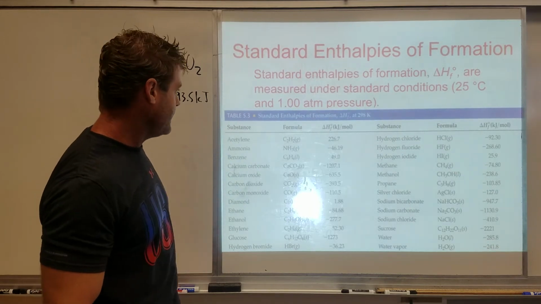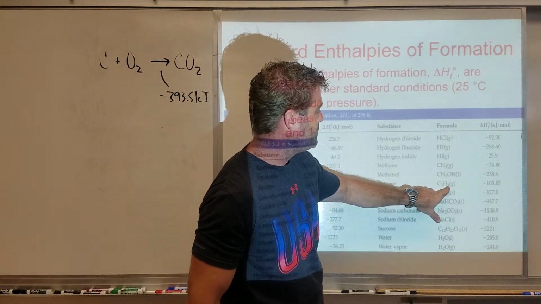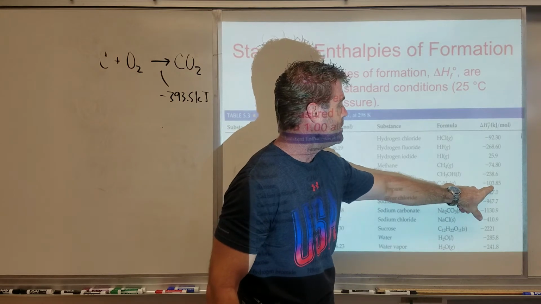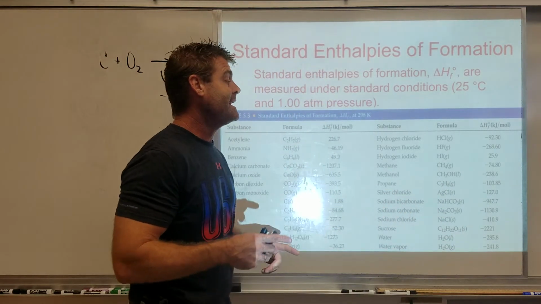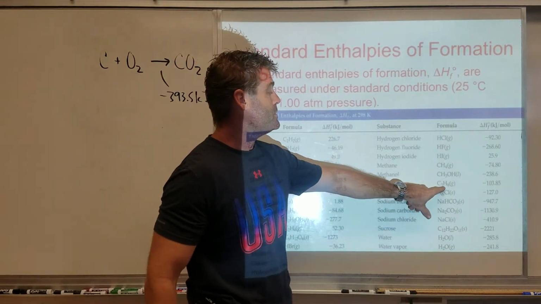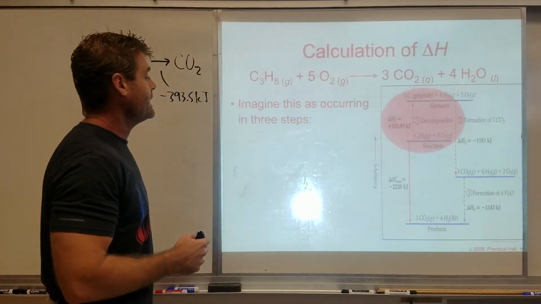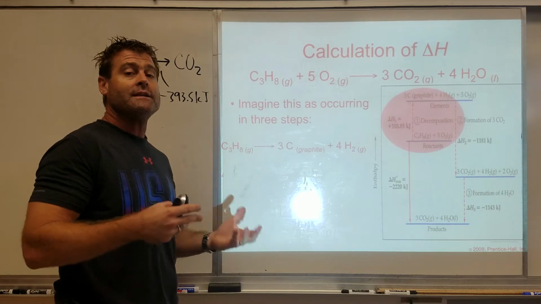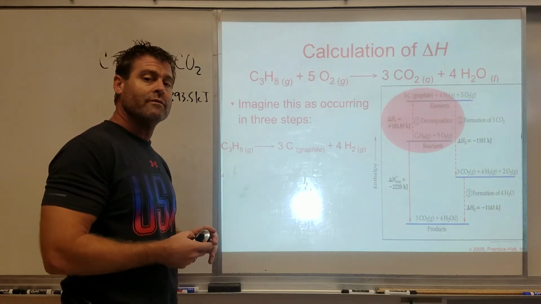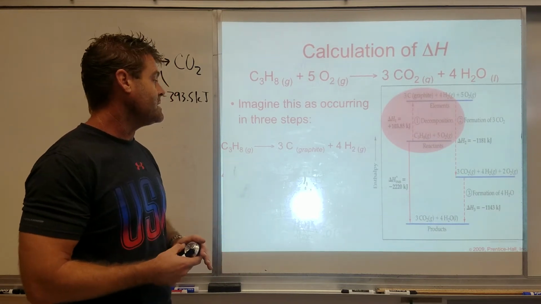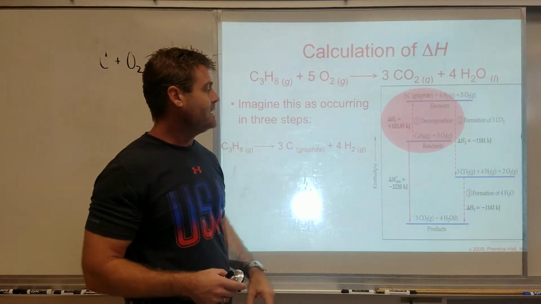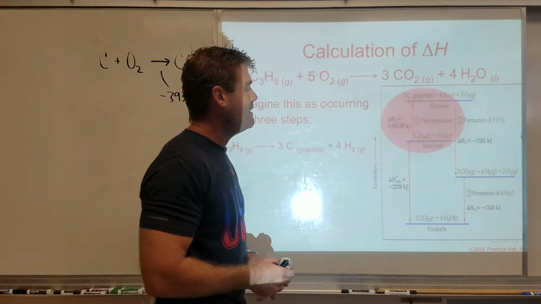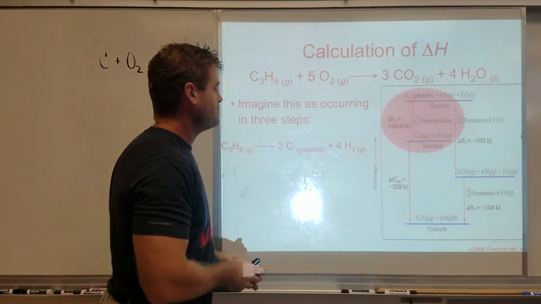The enthalpy of formation reads negative 103.85. Remember, that's for if we were producing propane. But look at how we're writing it. We're showing propane being decomposed. So we take that negative 103.85 and just reverse the sign. In its decomposition, it would require 103.85 kilojoules.